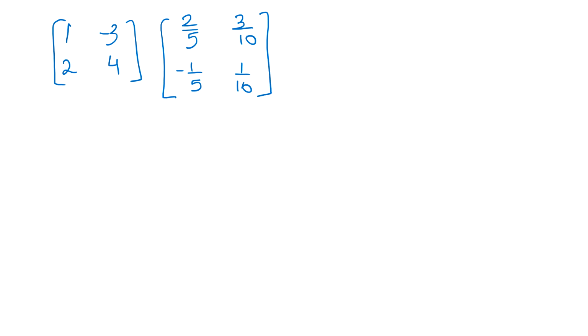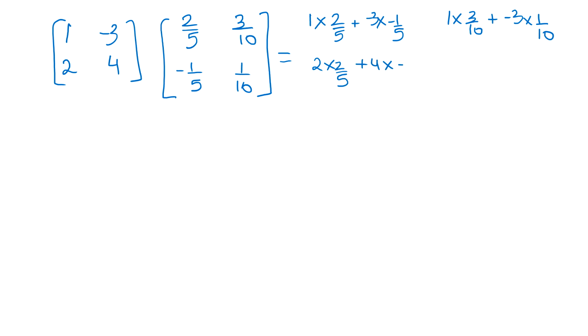If you remember from our previous video how we did matrix multiplication, I'm going to follow that. So 1 times 2 fifths plus -3 times -1/5. Next, 1 times 3 tenths plus -3 times 1 tenth. Next element, 2 times 2 fifths plus 4 times -1/5. And the last element, 2 times 3 tenths plus 4 times 1 tenth.